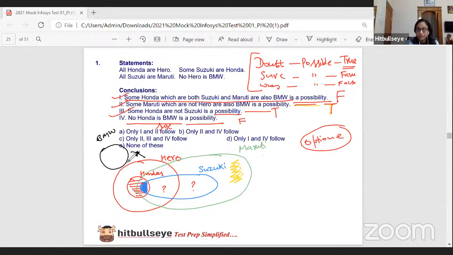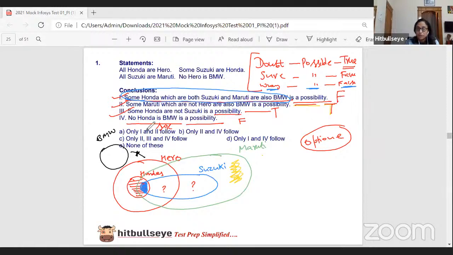Of course not. BMW is supposed to remain away from this entire circle. How can it come inside and intersect with this part? Right? So this statement is already wrong. If it is already wrong and I am using the word possible with it, it remains a false conclusion. Third rule. Okay, so it's a false conclusion.